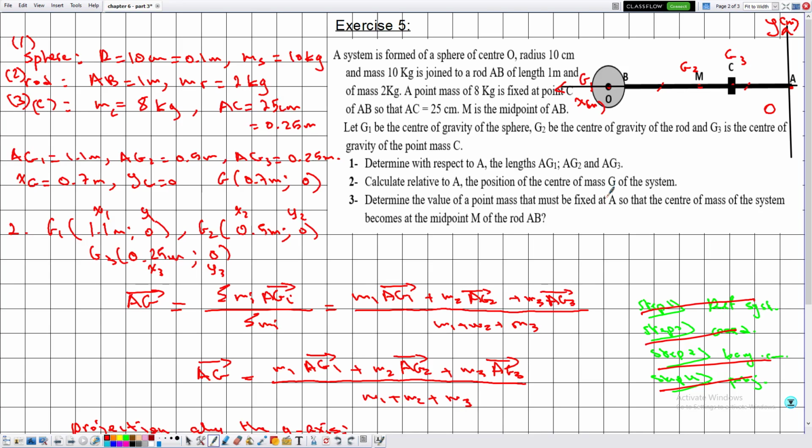So here what we are doing is we are adding another object to the system.